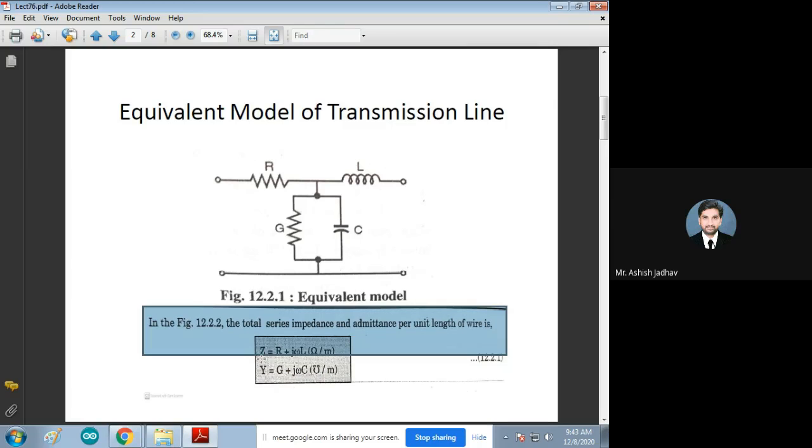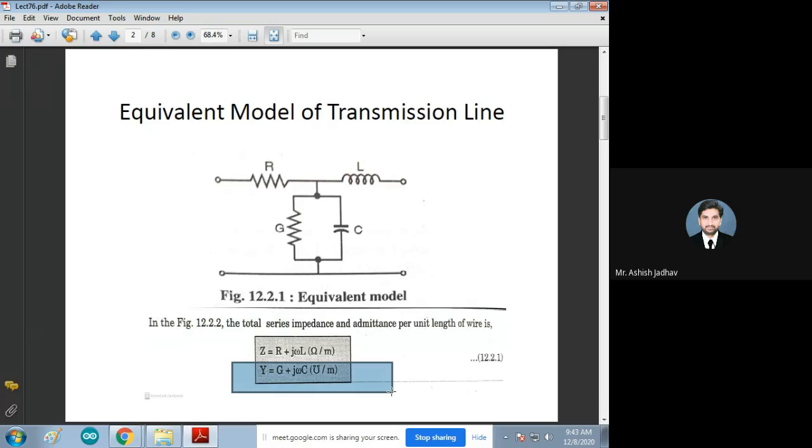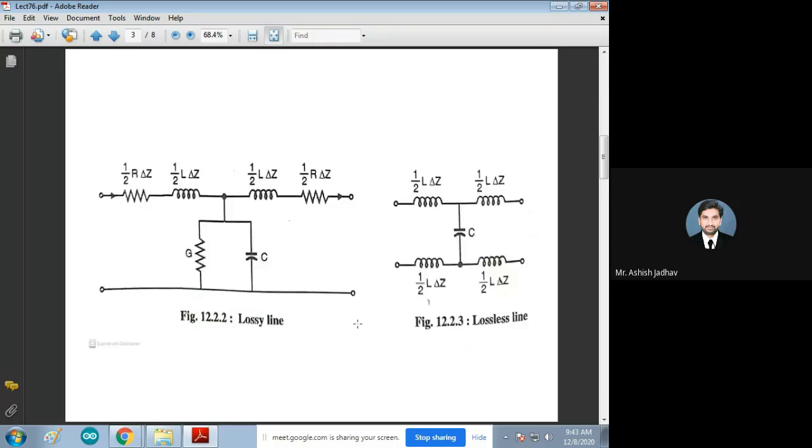Impedance is denoted by Z and its value is equal to R plus j omega L. Unit is ohm per meter. And similarly admittance is denoted by capital Y and its value is G plus j omega C. Unit is mho per meter.